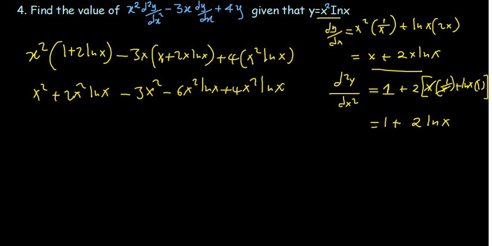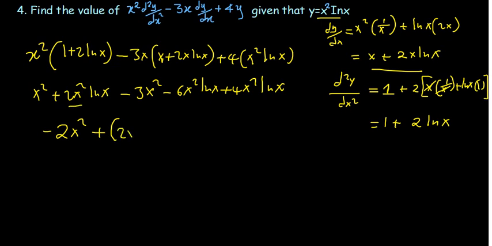So we are going to add like terms. We have got x squared, we have got negative 3x squared. What are we going to get there? That is going to be a negative 2x squared. And then we have got these with natural logs, and they are all having x squared. Okay, so all we are doing is, let me say plus, I'm going to just add the coefficients.